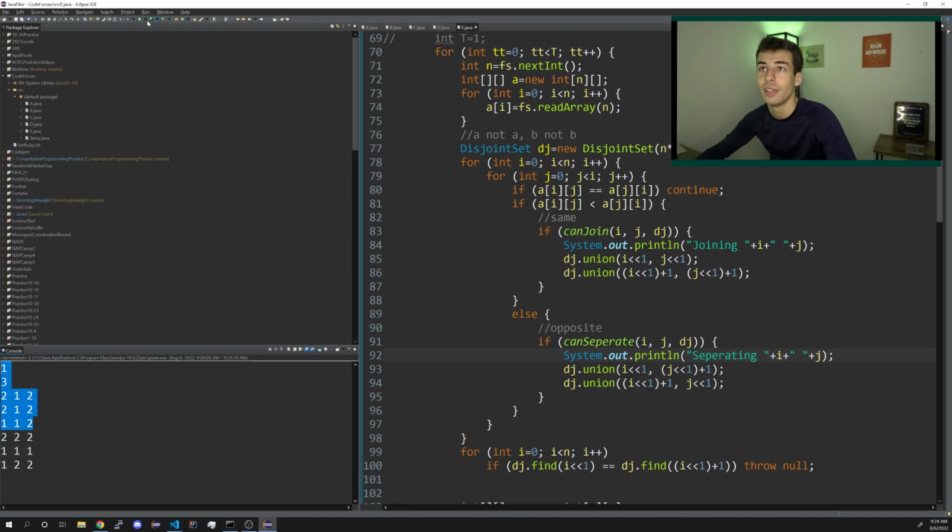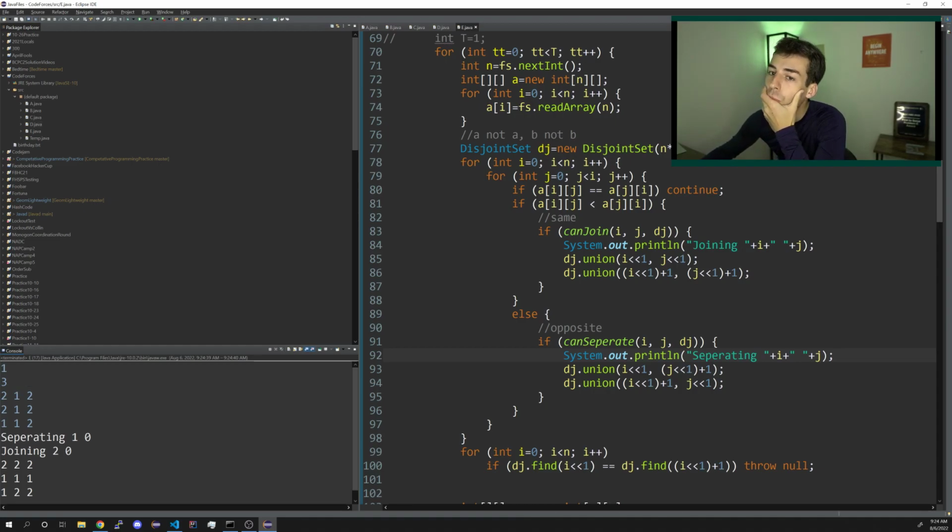I know it's not how you spell separate. It's just how I spell separate. All right, separating 0, 1, 0. Oh yeah, we only have 0, 1, and 2.